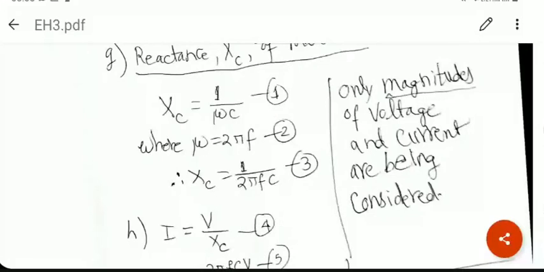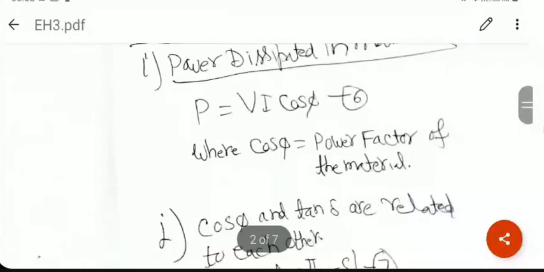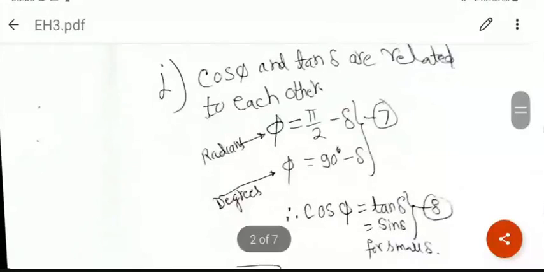Now, coming to capacitance, before we do that, actually I've got things in a different order here. The power dissipated will be obviously V I cos phi. We are talking real power. Cos phi is the power factor of the material, and phi and delta are related by these equations.